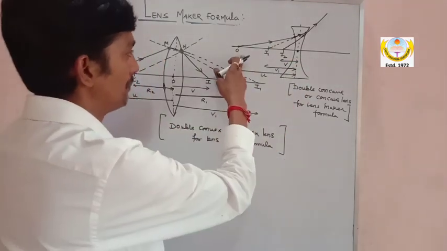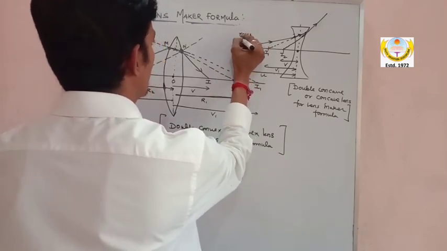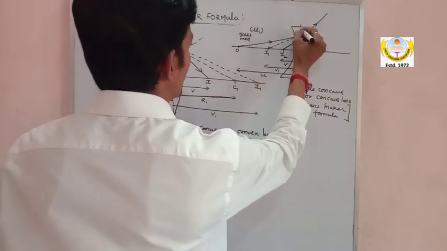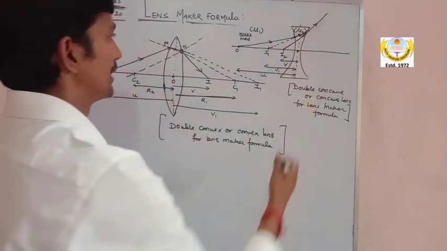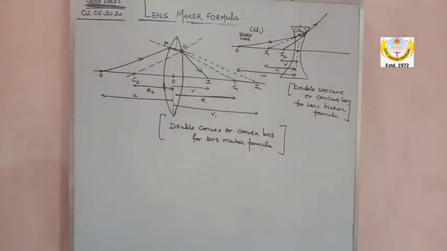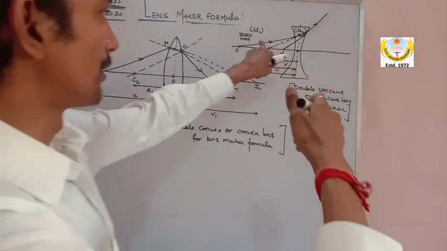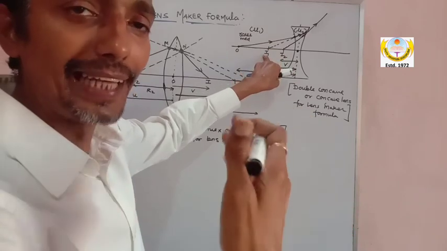Derivation is the same because again the object is kept in the rarer medium. Here you can see it is a rarer medium of refractive index mu1, and this is, my dear, denser medium of refractive index mu2. That is glass. And the refraction takes place from first rarer, then the image obtained in denser. This particular image I1 is obtained in denser medium.